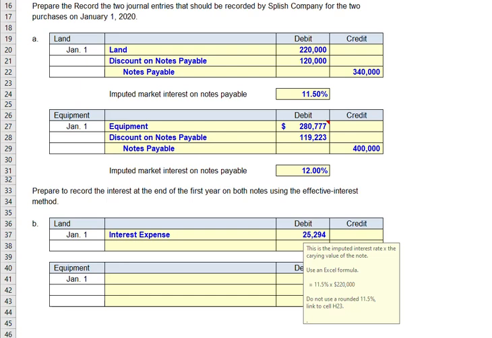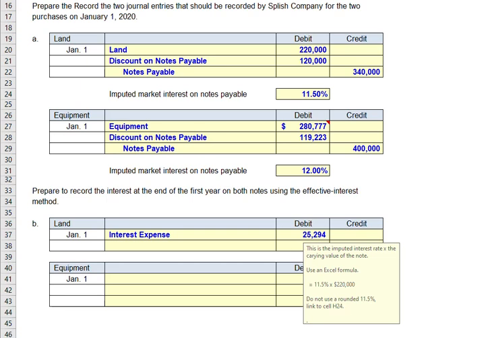That's the 11.5% imputed interest rate multiplied by the $220,000 fair value. Don't type in 11.5%. Link to cell H24 because the 11.5% is a rounded number.